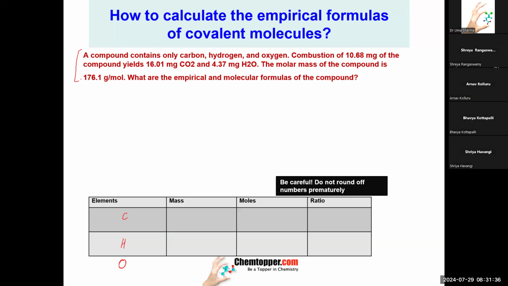In case of water, it is 18 grams per mole, but the same molar mass can be written as 18 milligrams per millimole. I discussed this with you last time. Do you remember this thing, children?